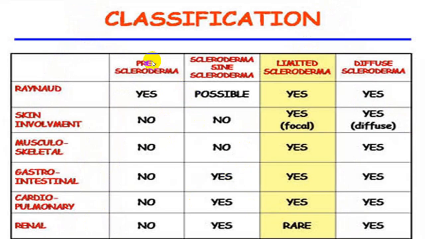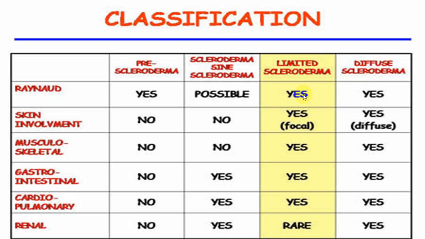So there is one called pre-scleroderma. This is involvement of the organs. Limited scleroderma is mainly involving a portion of the skin like morphea or linear variety, and diffuse will involve skin plus organs.